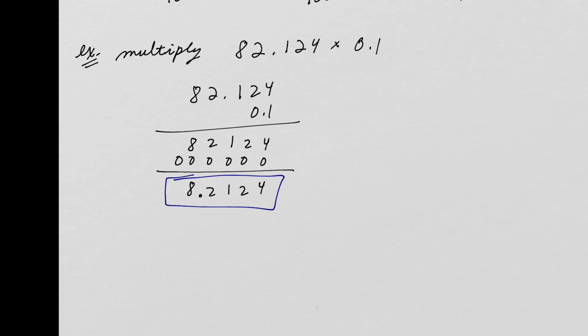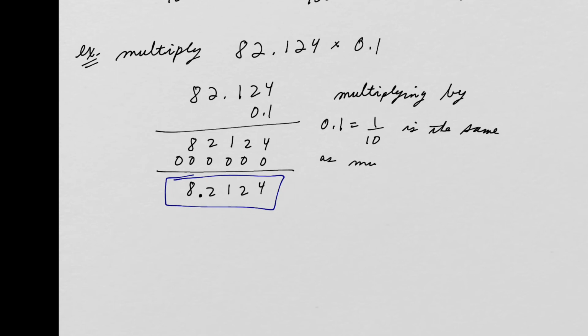Okay, so in this problem, multiplying by 0.1, which is 1/10, is the same as moving the decimal point 1 place to the left.